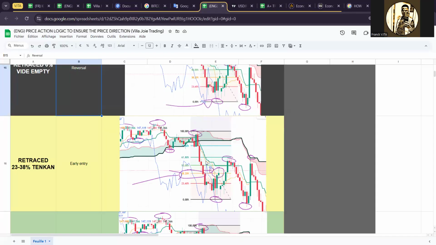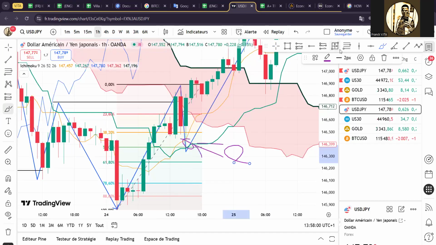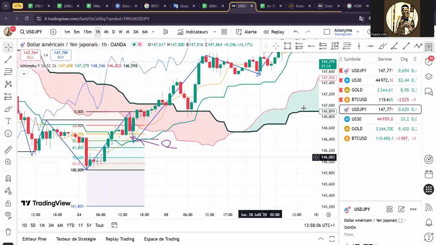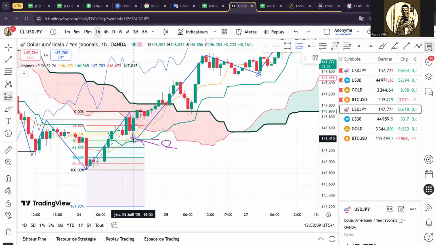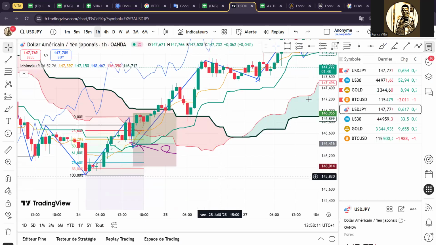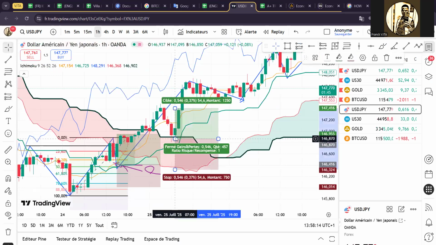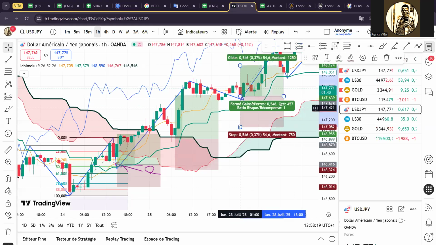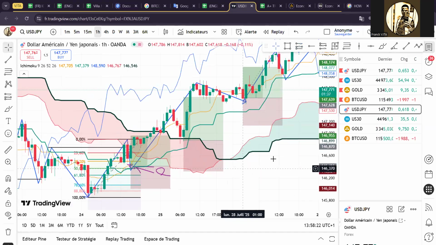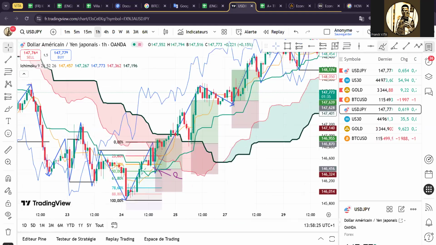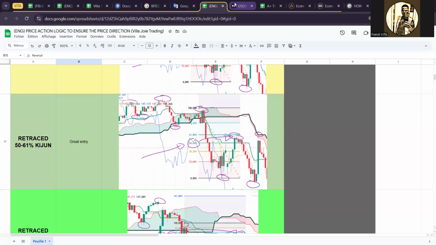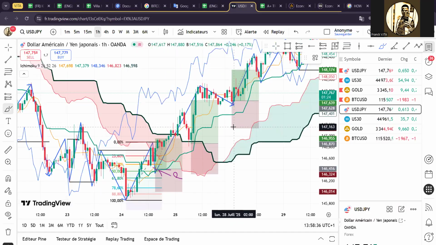Why do I call that place an early entry? I call it early because if you enter here as a buy at this point, compared to entering at an SSB, an inverted SSB here, or compared to entering as a buy at a Kijun here, the earliest one is the one before the cloud, the Tenkan ticket cost before the cloud. That's why I said it's an early entry. Very good to actually benefit from the cloud. We have more potential.